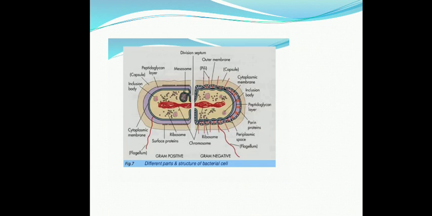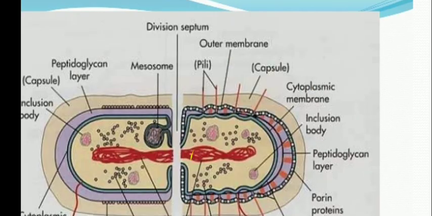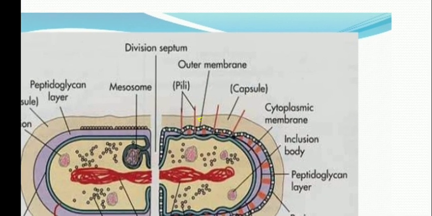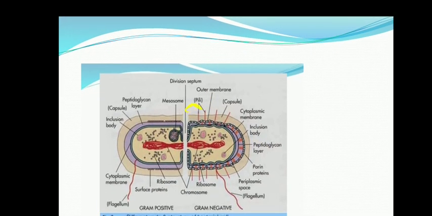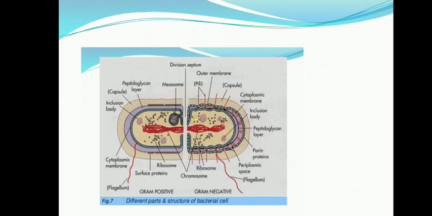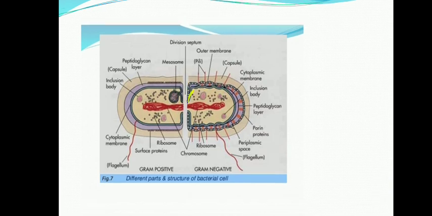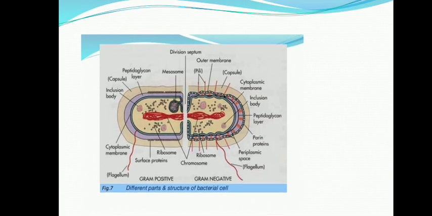Here are the different parts and structures of the bacterial cell. If we enlarge this image, here you can see red colored thread-like structures present on the bacterial cell, which are known as pili. If these are included in the reproduction or conjugation process, then they are known as sex pili or fimbriae.